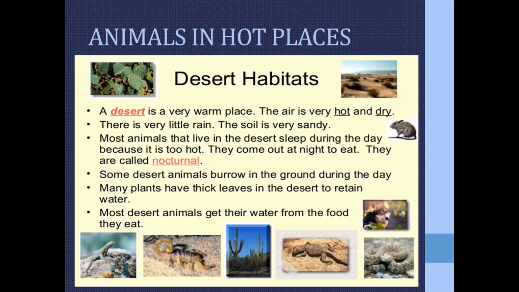So how do the animals or the plants that live in these hot places survive? Most animals that live in the desert sleep during the day because it is too hot during the day. Got it, students? And they come out at night to eat.